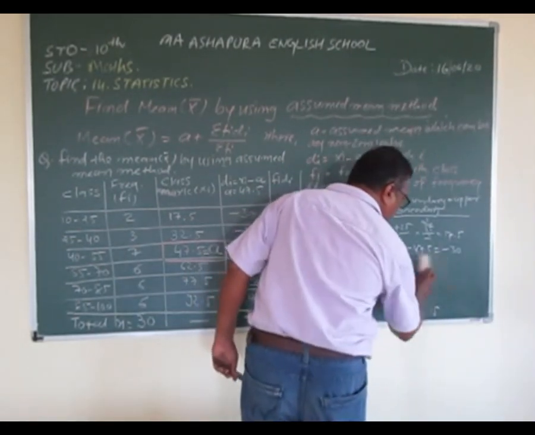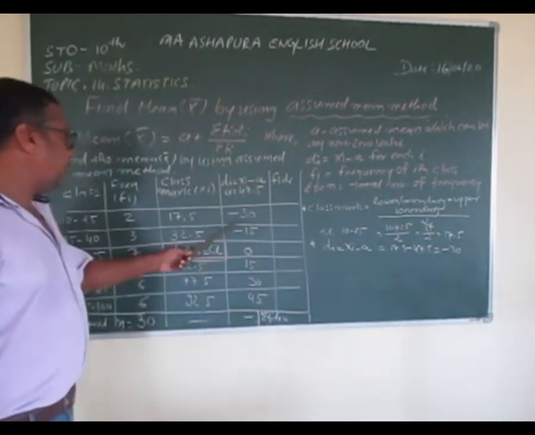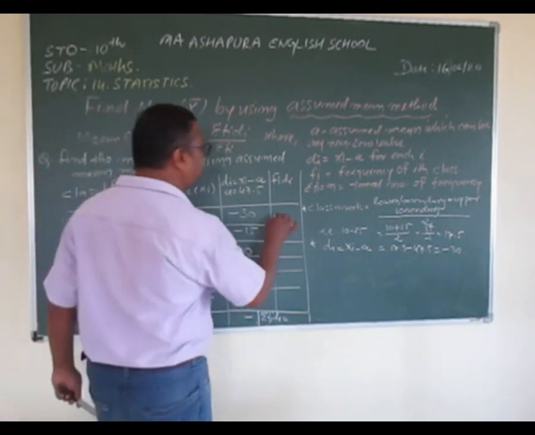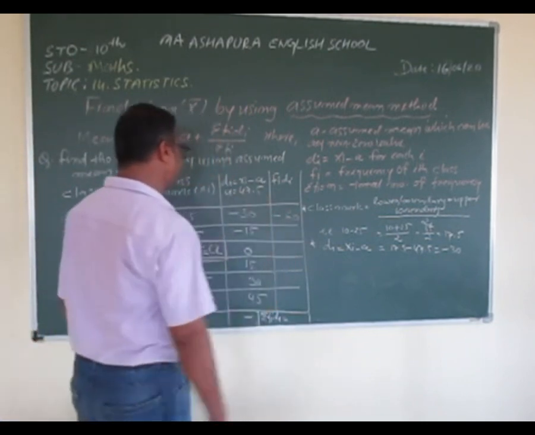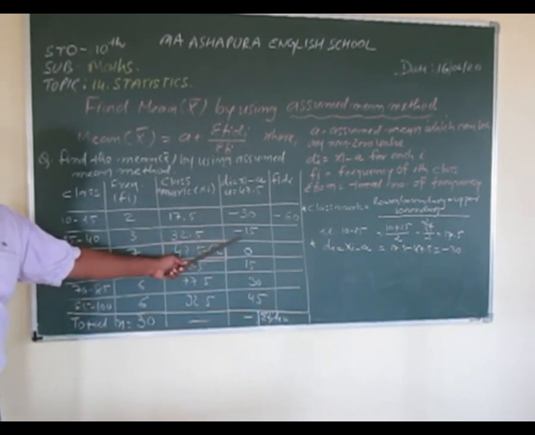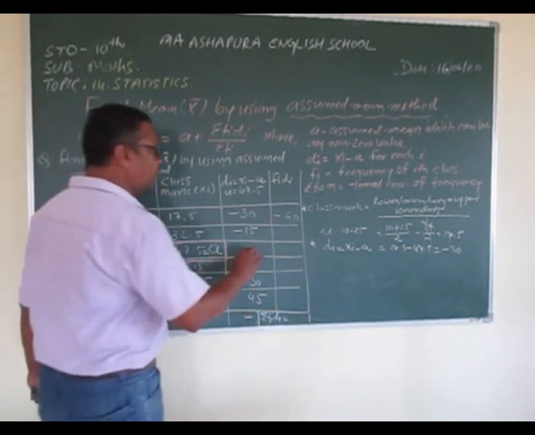So we get plus minus minus, 2 30s are 60. Second, 3 multiplied by minus 15. Again plus minus minus, and 15 3s are 45.